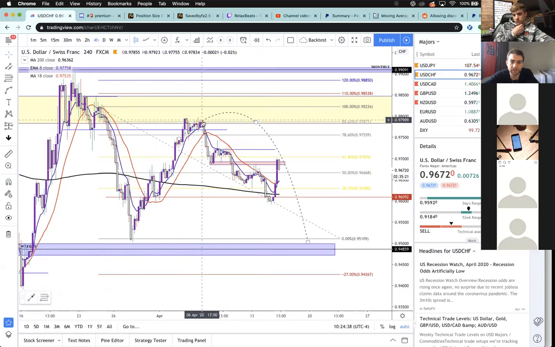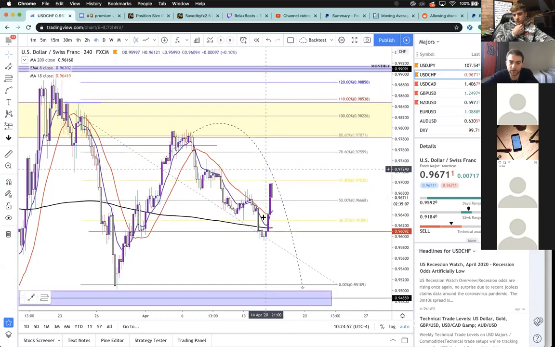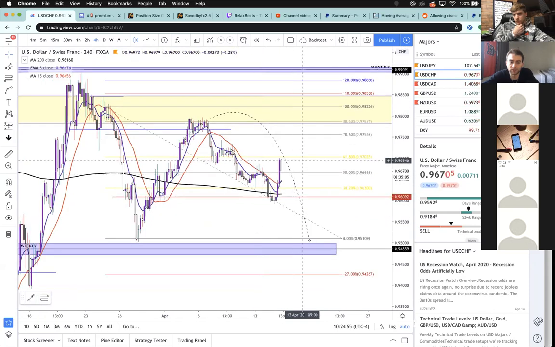We hit this 88.6 level. Now we're pulling back, potentially for another retracement. These are not any significant levels of structure, at least on this 4-hour time frame. On this 4-hour, we're definitely still bearish at the moment, unless we break above really this level all the way up here.